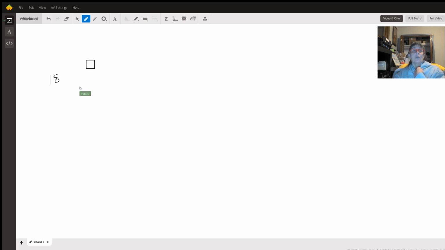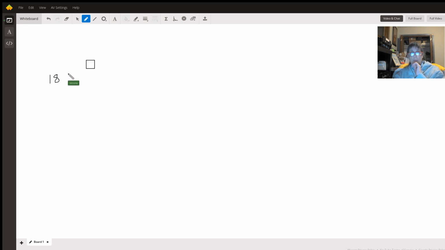Now, if this is an isosceles trapezoid, it means that these sides are congruent. It means that these base angles are congruent. If these are bisectors, that makes... well, let's do it this way.